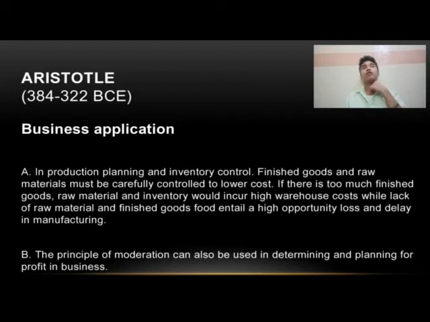In inventory control, in business decision making, we must plan carefully how much product we create or how much raw material we take in, because having too little would be a high opportunity loss, which means we will not be able to satisfy the demand, and having too much of the raw materials or the finished goods would also cause us high inventory cost, which would cost us more money and less profit.